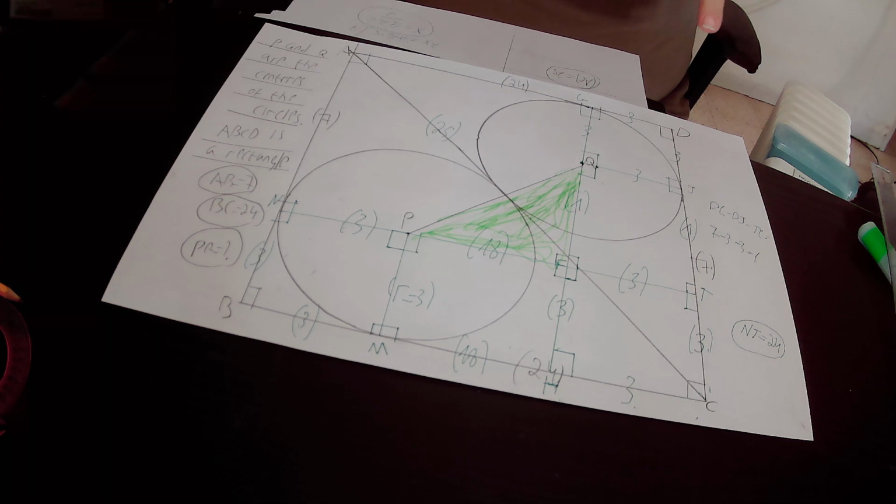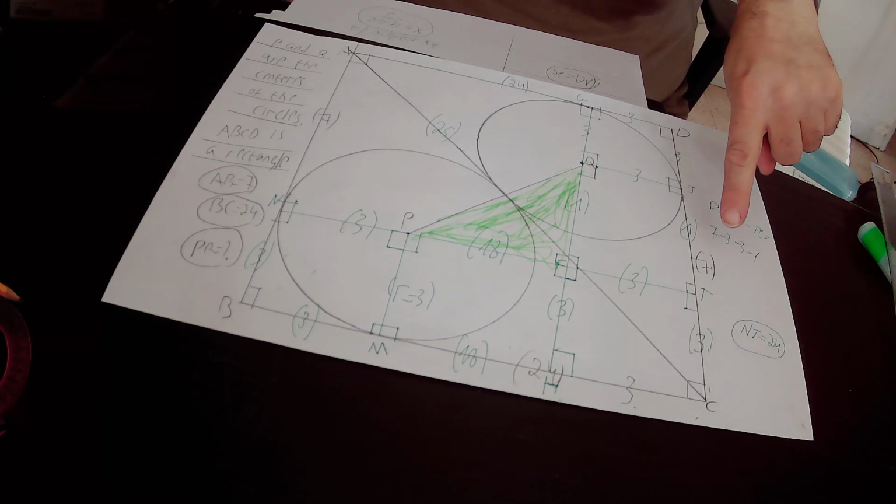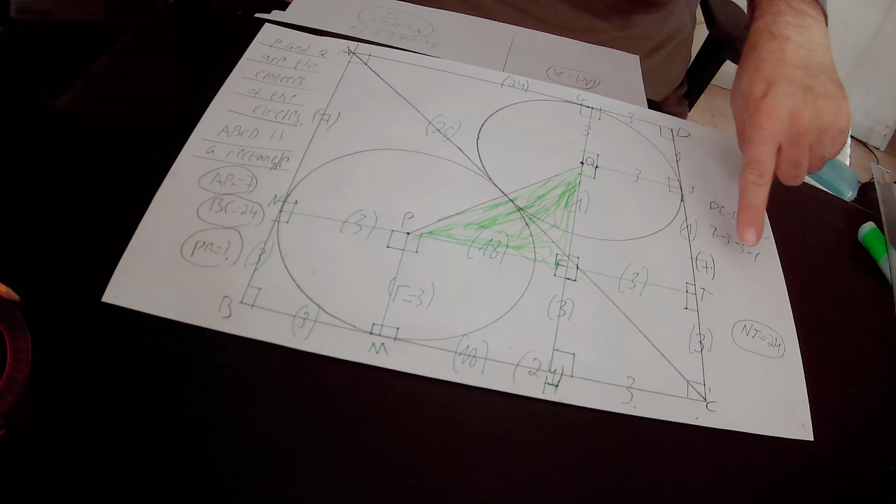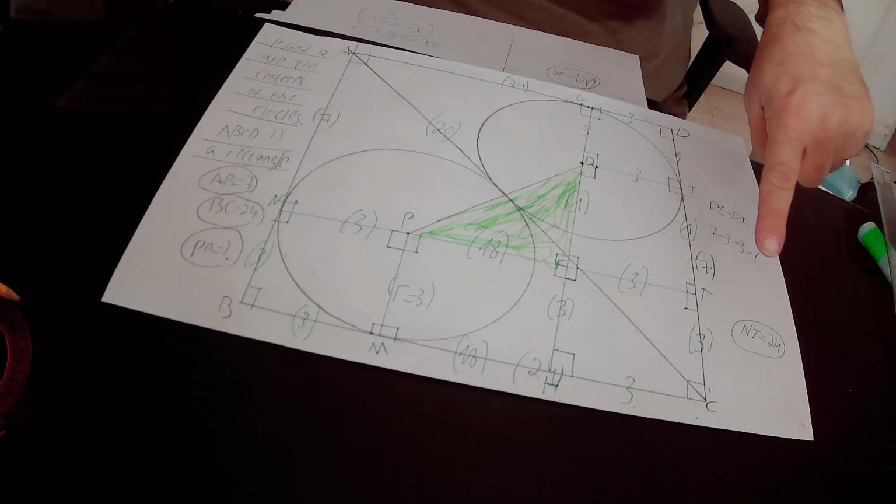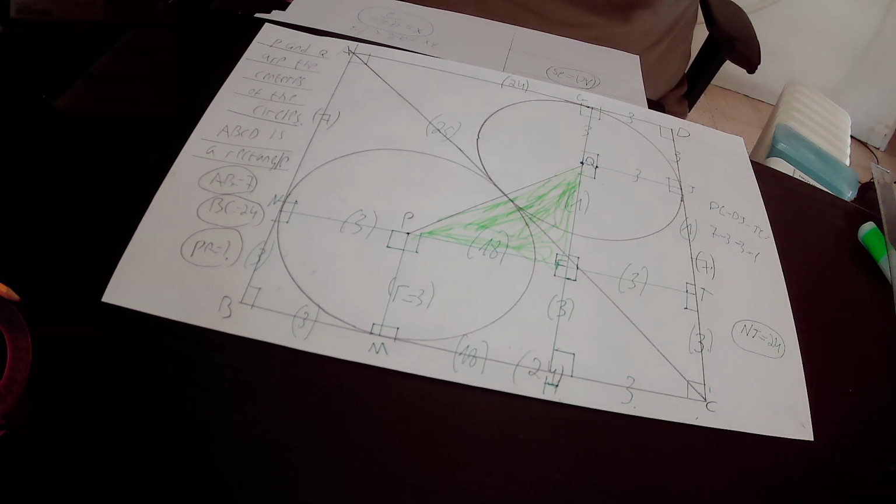Those two circles are located inside rectangle ABCD. We know that the width of the rectangle is 7 units and the length of rectangle ABCD is 24 units. Again, our mission is to find the distance between the centers of those two circles, in other words, the length of this line segment QP.